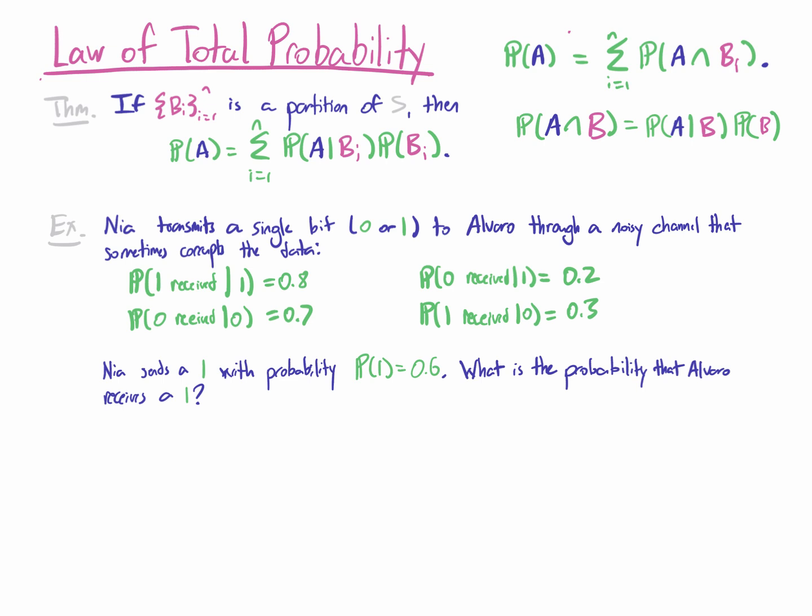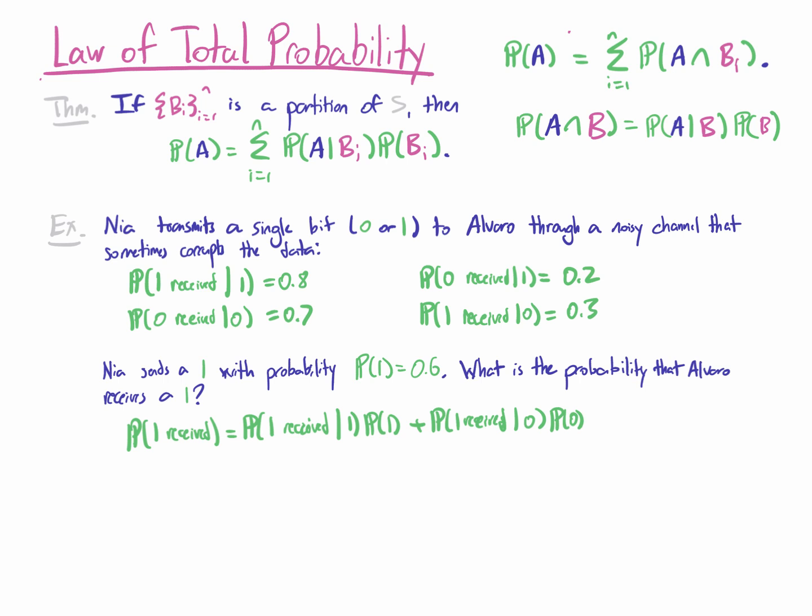The probability that Alvaro receives a 1 is equal, by the law of total probability, to the probability that Alvaro receives a 1 in the scenario that Nia sends a 1 times the probability of that scenario, plus the probability that Alvaro receives a 1 in the scenario that Nia actually sent a 0 times the probability that Nia sends a 0.